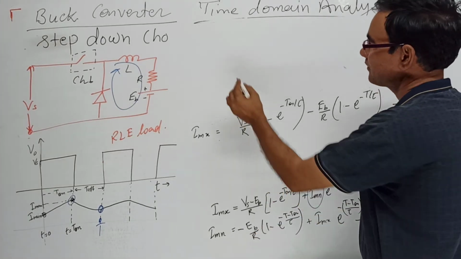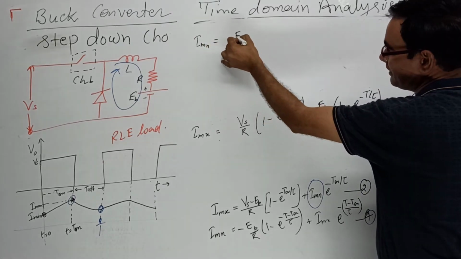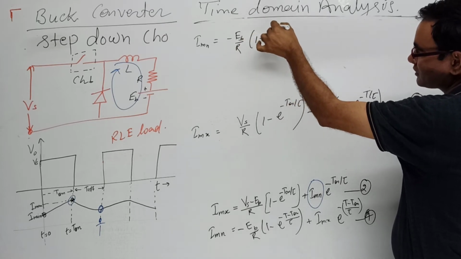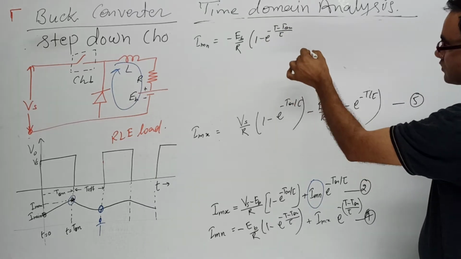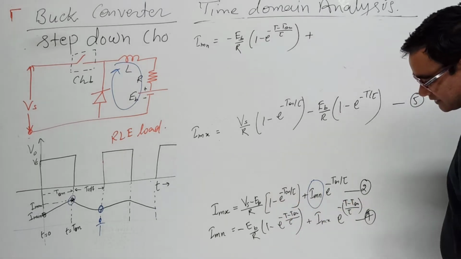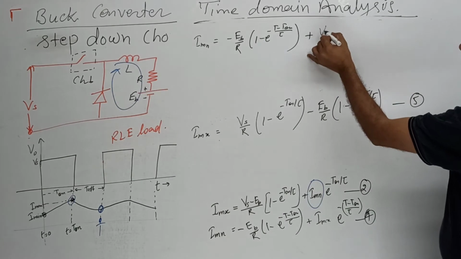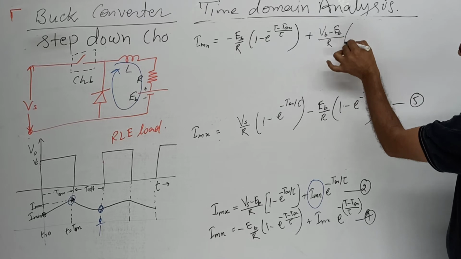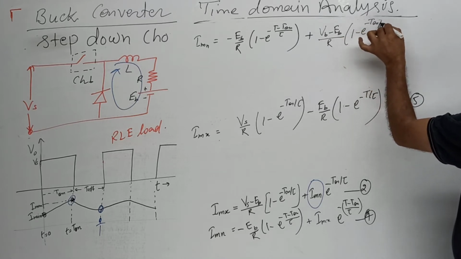So in minimum, Imn is equal to minus EB upon R, 1 minus e raised to power minus T on upon tau, plus Imx. So Imx we will put over here: (Vs minus EB) divided by R, 1 minus e raised to power minus T on upon tau.